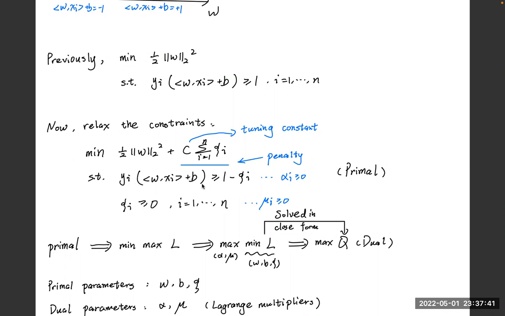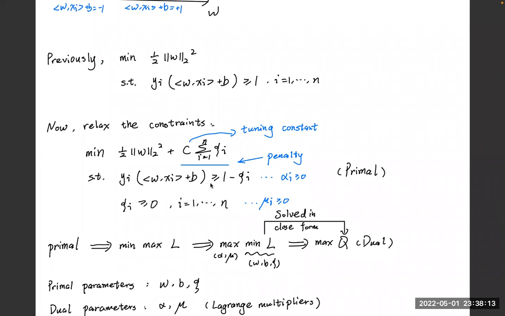One is that y_i times this linear logic score, you can call this the individual margin, is bigger than or equal to 1 minus psi_i, for i from 1 to n. And we have another set of constraints, psi_i bigger than or equal to 0, again for i from 1 to n. So we have 2n constraints.